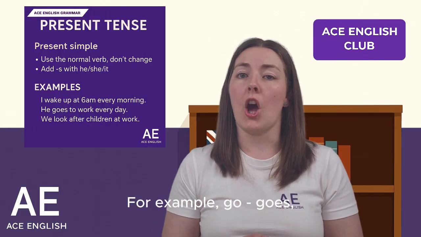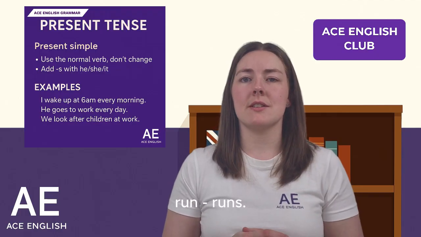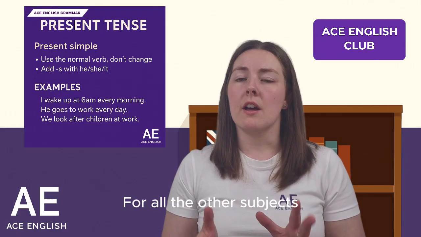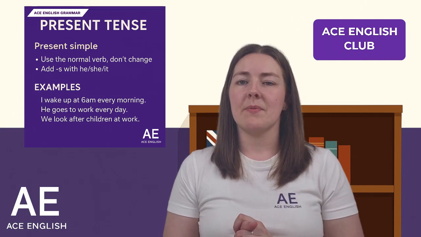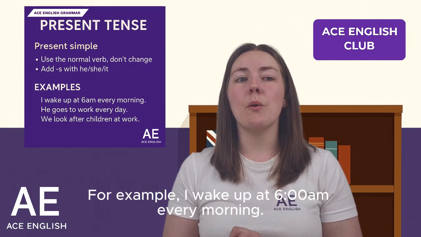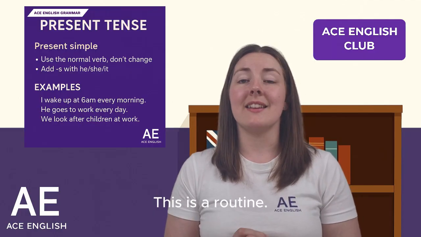For example, go, goes, run, runs. For all the other subjects, we just leave the verb as it is. For example, I wake up at 6 a.m. every morning. This is a routine.